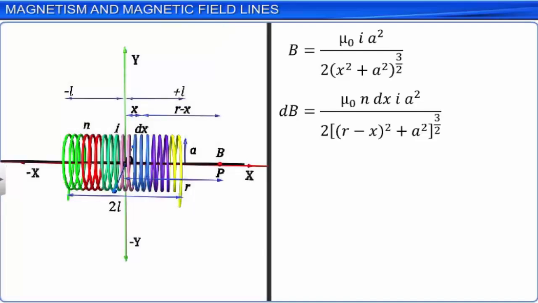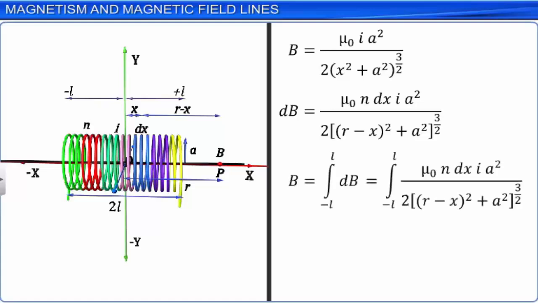Thus, the total magnetic induction at the point P due to the solenoid is B = ∫ from -L to L of dB, that is equal to ∫ from -L to L of μ0 n dx I A² by 2 into (R − x)² + A²)^(3/2). But I, A, n and μ0 are constant.